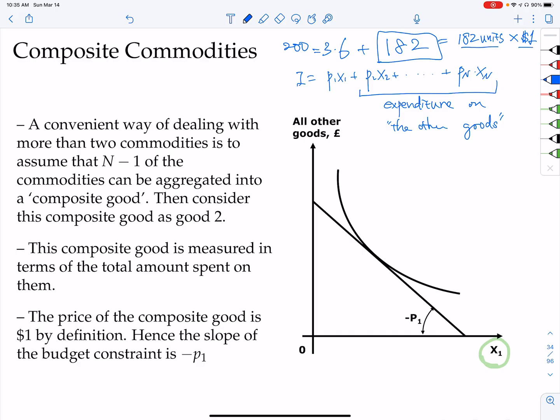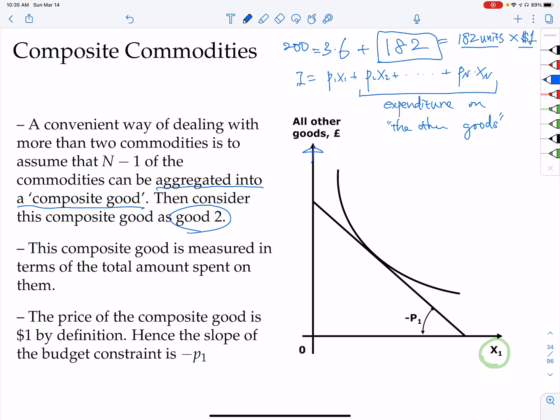That's a convenient way of dealing with the other goods that we are not interested in so much. So we're aggregating all the other goods into a composite good and considering it as good two, on the y-axis.